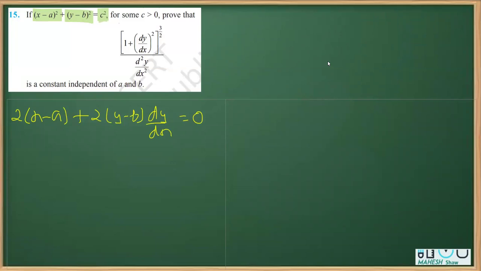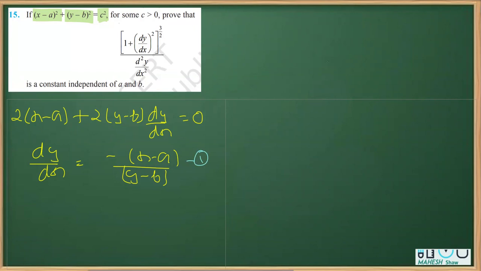Now, if I isolate dy by dx by transposing the other terms, it's going to be minus 2 times (x minus a) divided by 2 times (y minus b). As you can see, 2 and 2 get cancelled here, so we are left with this. I mark this as equation 1.